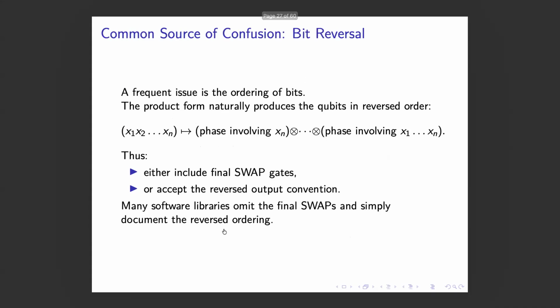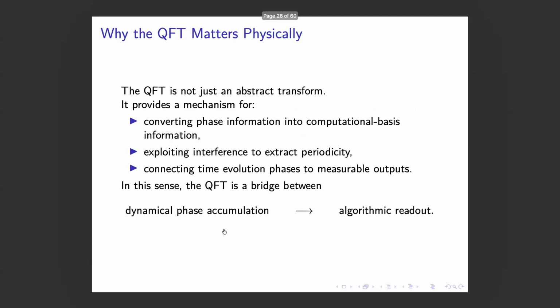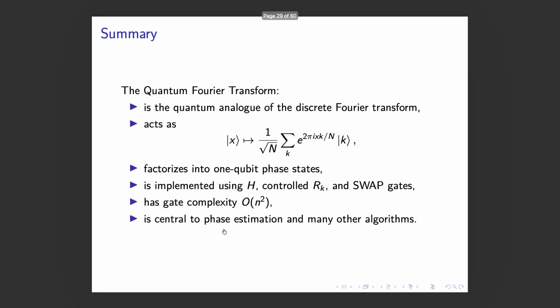I'm going to leave out some of these things here, and what I wanted to say something about is the quantum Fourier transform algorithm. If we just look at the summary here, it's a quantum analog of the discrete Fourier transform. It acts as an operation on a given state. It factorizes into one-qubit phase states, is implemented using Hadamards, controlled phase gates and swap gates, and has this complexity.